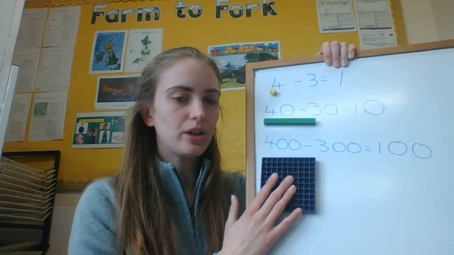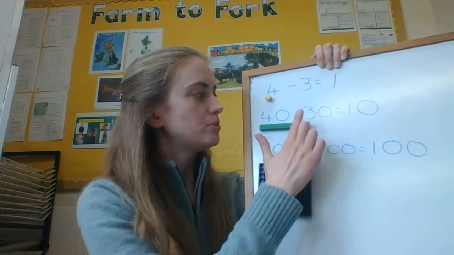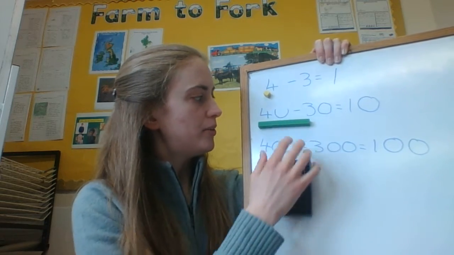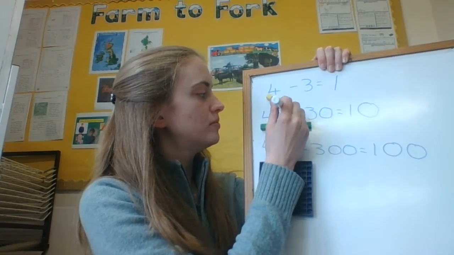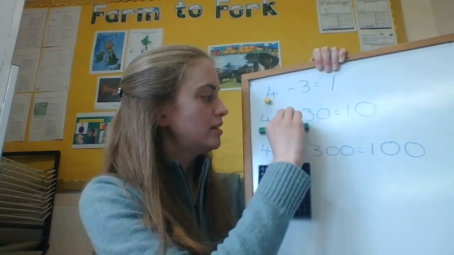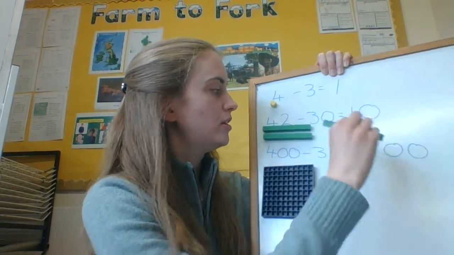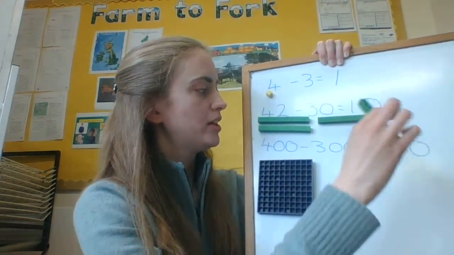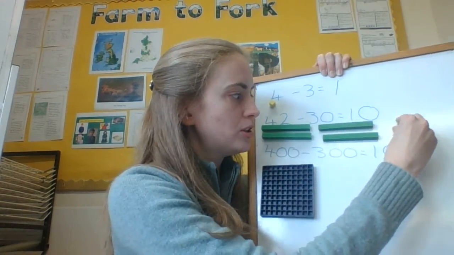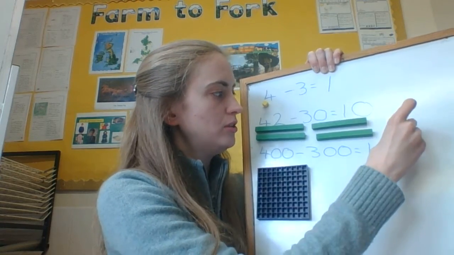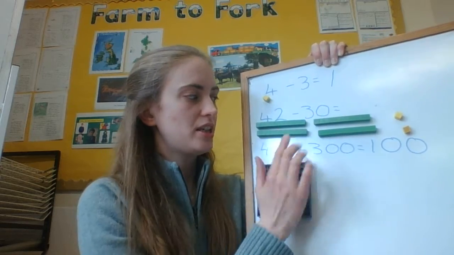And this also works if we add on some ones. So with this one, if I have 42 take away 30, this would be 1, 2, 3, 4 tens, 40, and 2 ones, 1, 2, and I'm taking away 30.